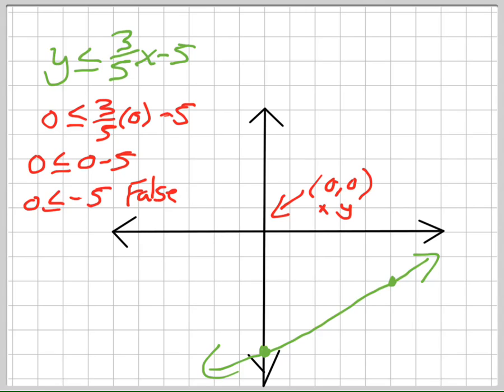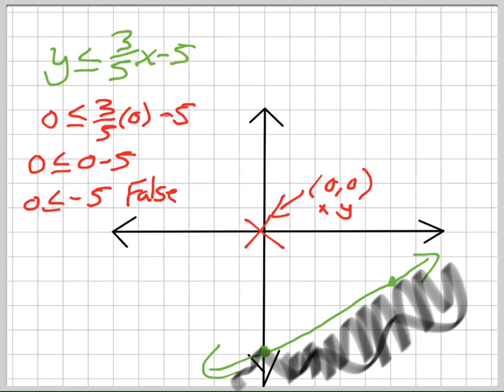It is not, right? So that is not a solution. 0 is not a solution to this problem. So does that mean the solution region is on this side, or is it on the other side? It's on this side. So you would just lightly shade this region on that side of the boundary line.